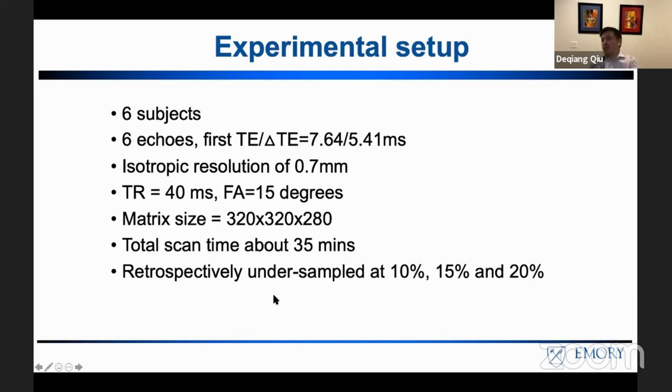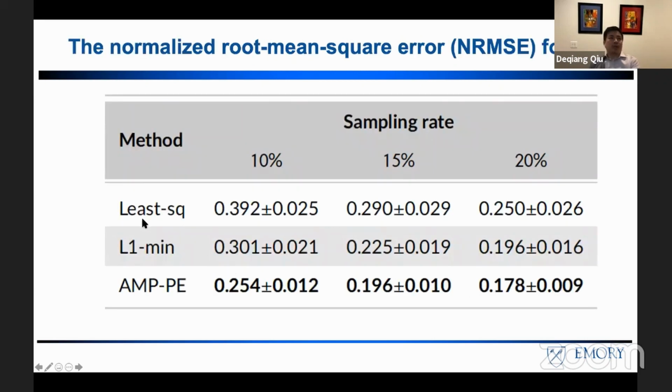And then we retrospectively undersampled at 10, 15, and 20% sampling rate, and compared our approach with the L1 norm based reconstruction method, as well as the least square approach. And we call our method approximate message passing with parameter estimation, or AMP-PE.